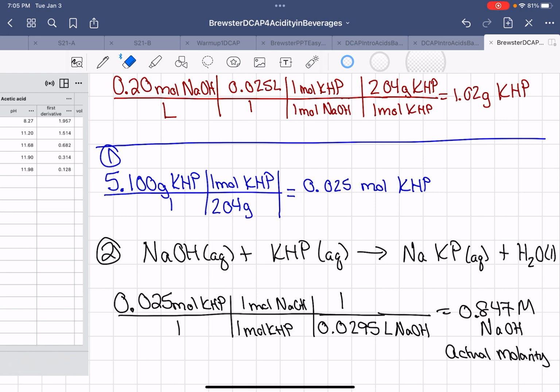It's a 1-to-1 ratio between your sodium hydroxide and your KHP. So I take the molarity of my KHP, say it's a 1-to-1 between those two, and then convert to molarity by using my liters of sodium hydroxide.